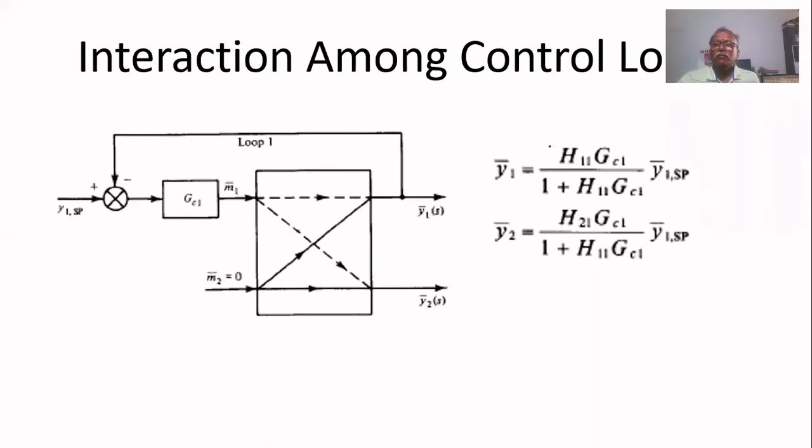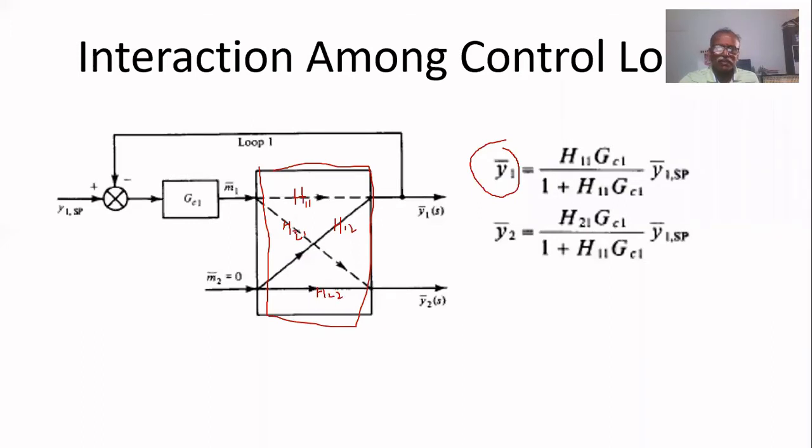Now, what is y1? A closed loop transfer function of y1. This block diagram consists of h11, h21, h12, and h22. You should imagine this.